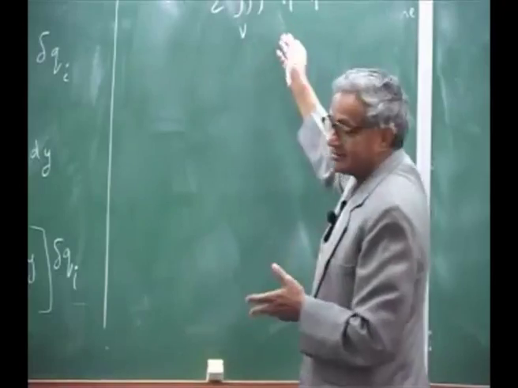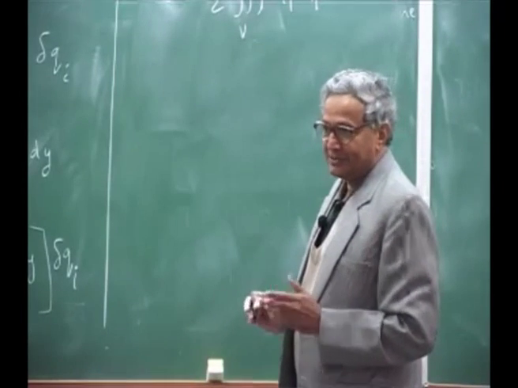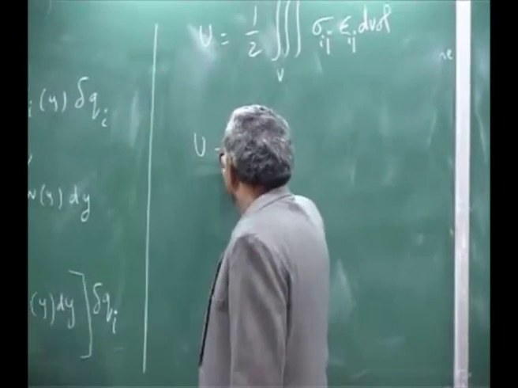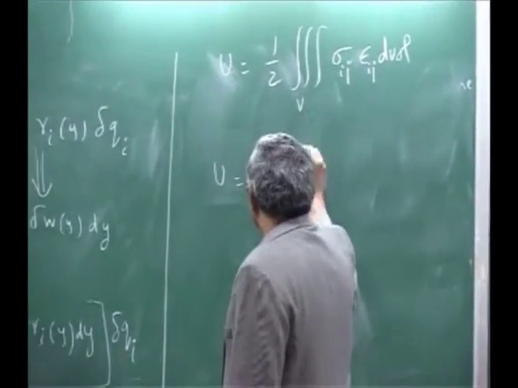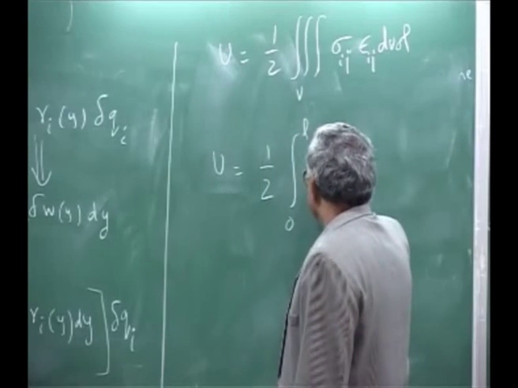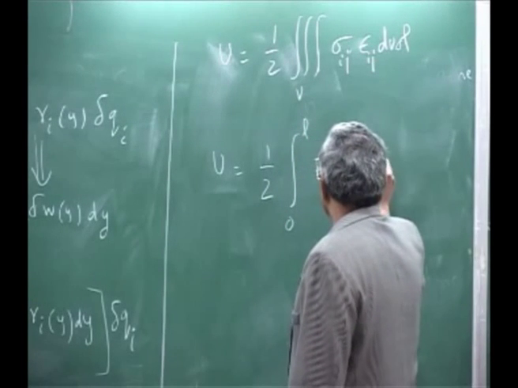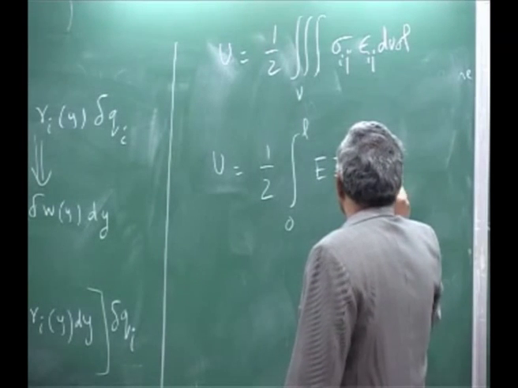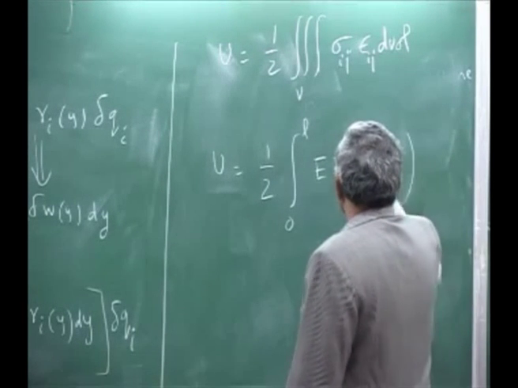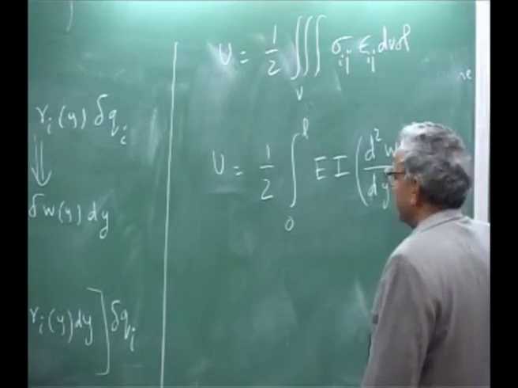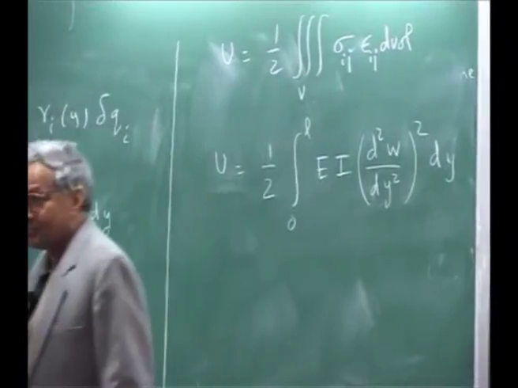After that, you integrate, and when you integrate, you will finally get, I hope you know this part, otherwise I will write it, half integral 0 to L, because the cross sectional integral will be taken, EI (d square W by dy square) whole square dy. This is what you will have.